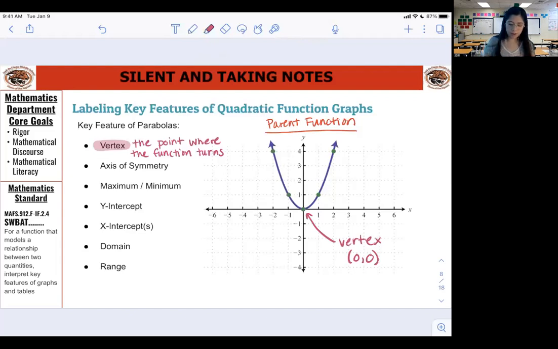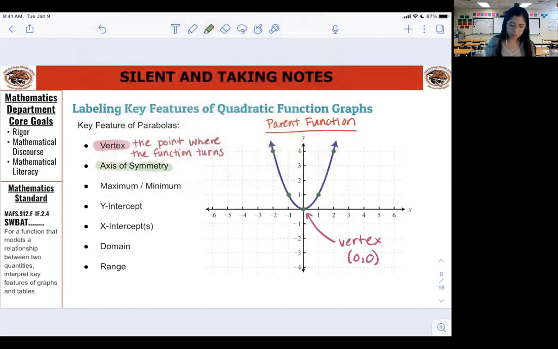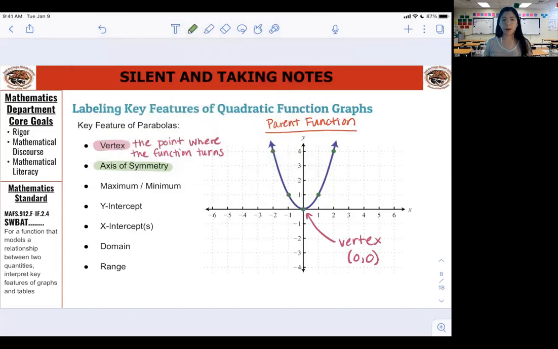Then I've got my axis of symmetry. I'm going to draw it first. So think of it. Remember how we mentioned that everything that's on the left side is reflected on the right side? It kind of matches on both sides. So the axis of symmetry is the line that goes right down the middle. I'll draw it a little bit darker. Axis of symmetry.